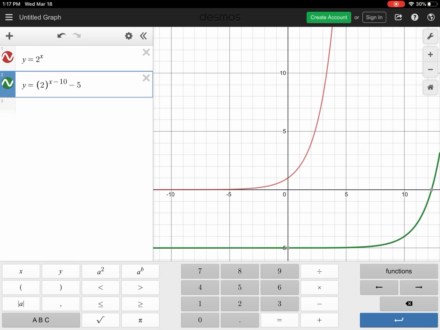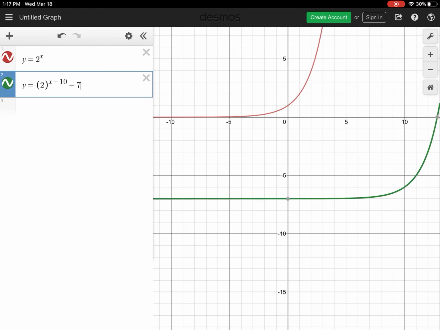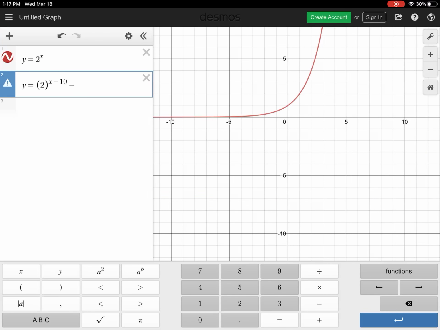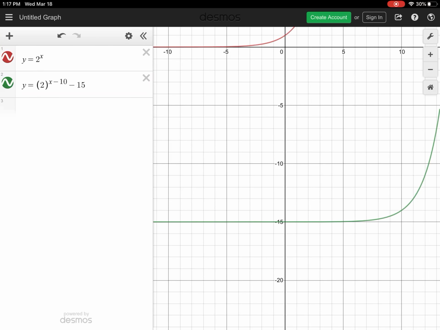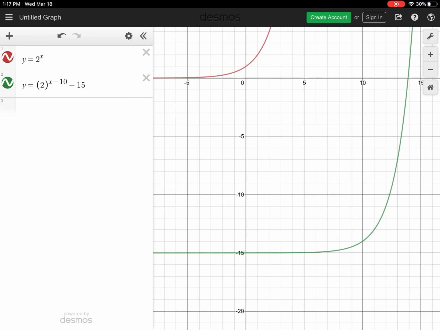Look how the graph is going down by 5 now, and our asymptote is now -5. 7. Went down 7. Let's do one big jump. Let's go down 15. See, we're down here now. So based on what I have here, I have a shift right 10 and down 15. And that's where my graph ends up.